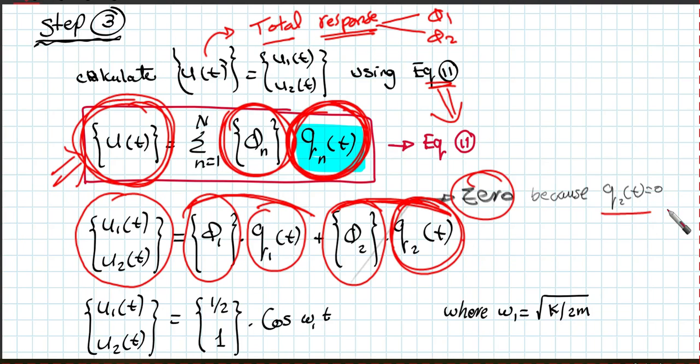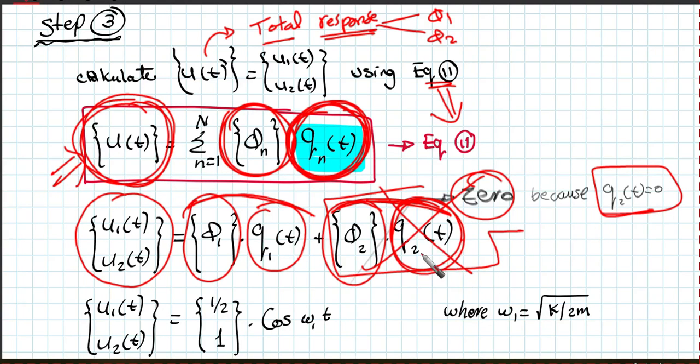We have now known that q2 of t equals 0, so this term vanishes, it cancels out. The remaining one is phi 1 times q1 of t only. The contribution is from mode shape number 1, and there is no contribution from mode shape number 2.